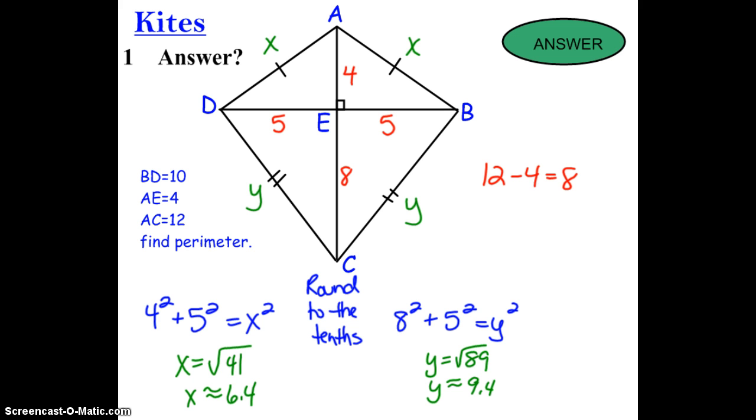So in order to solve for our perimeter, we need to add all 4 sides together. It should be a 0.4.